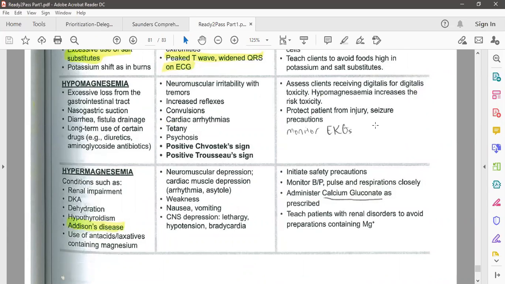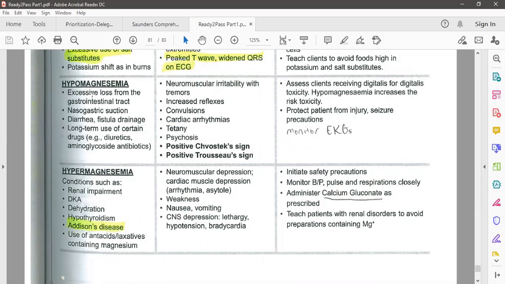So here I said hypomagnesemia, right? If the patient's magnesium is lower than normal, they develop hypomagnesemia.